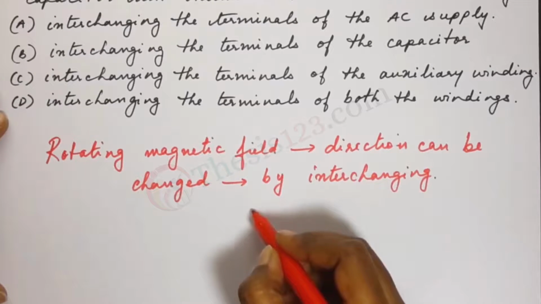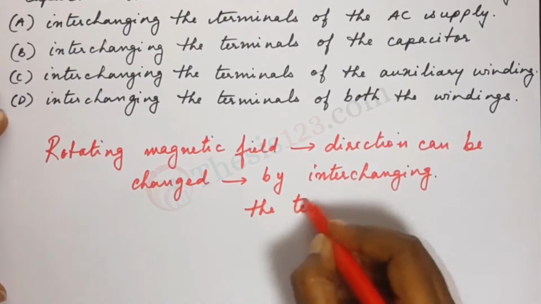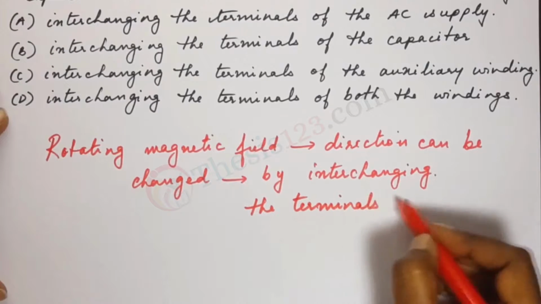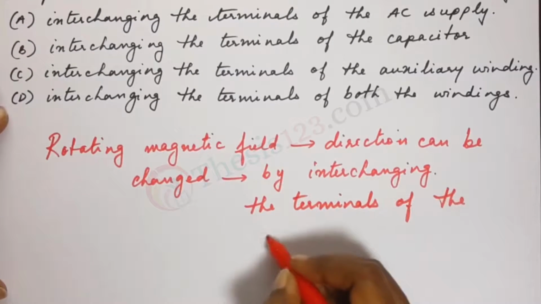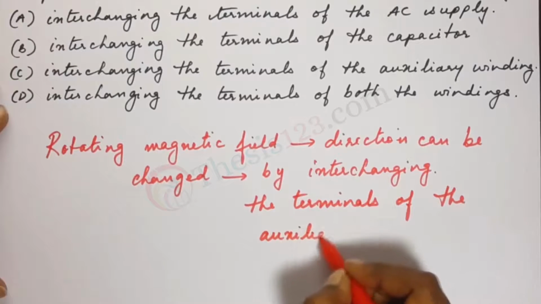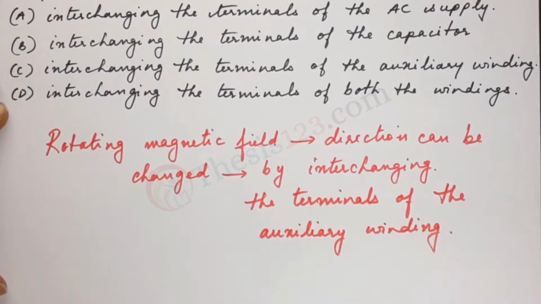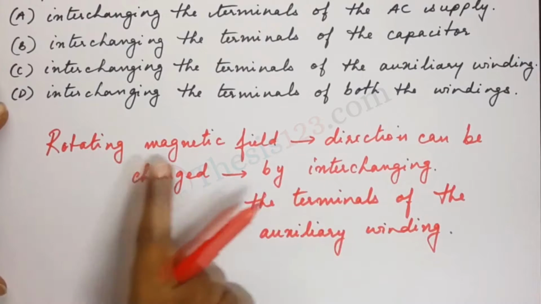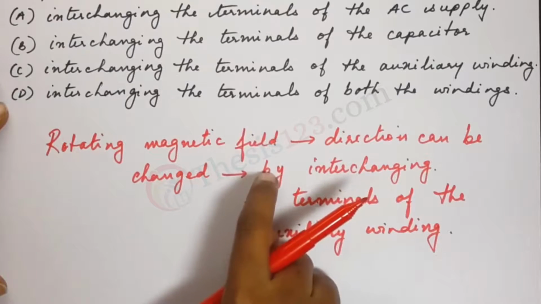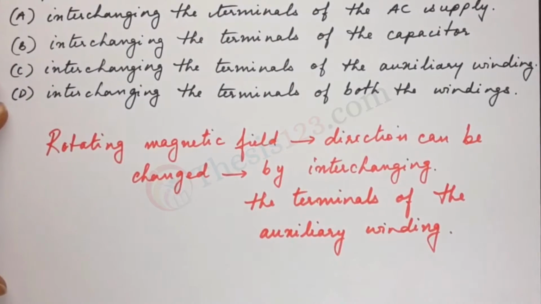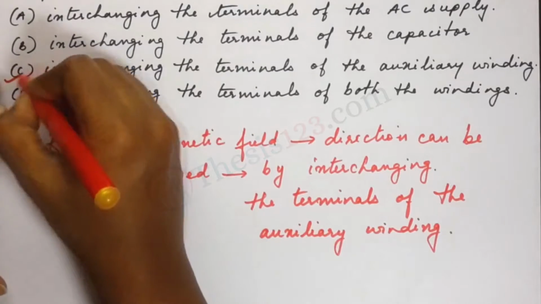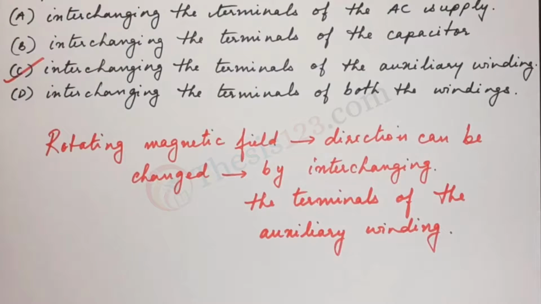By interchanging the terminals of the auxiliary winding, we can change the direction of the rotating magnetic field and therefore change the direction of rotation of a single phase capacitor run induction motor. So the final answer and the right answer is C, interchanging the terminals of the auxiliary winding.